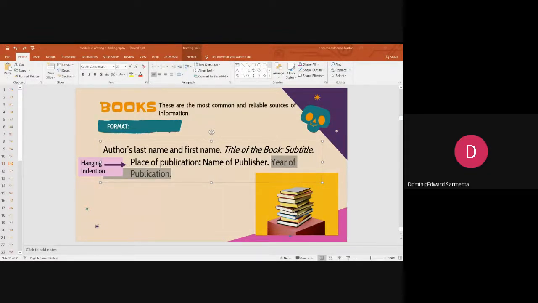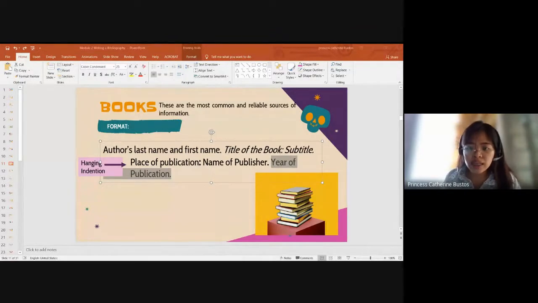Okay, now I want you to check the book you're holding. Can you check if there's author, title of book, place of publication, then name of publisher? Raise your hand if you were able to find all of those.